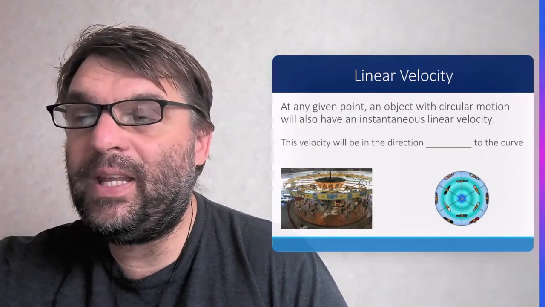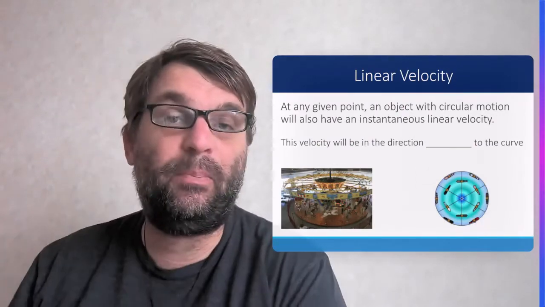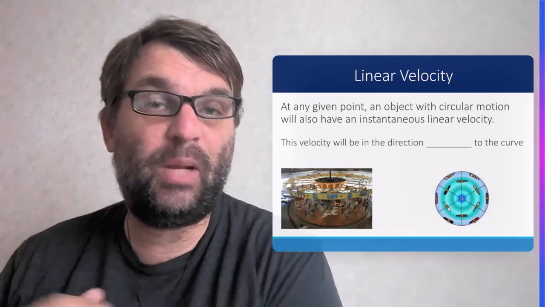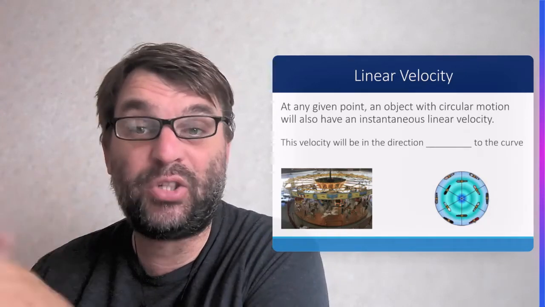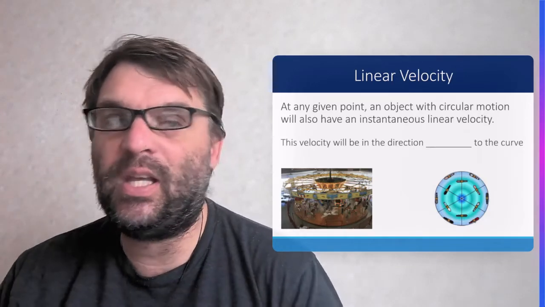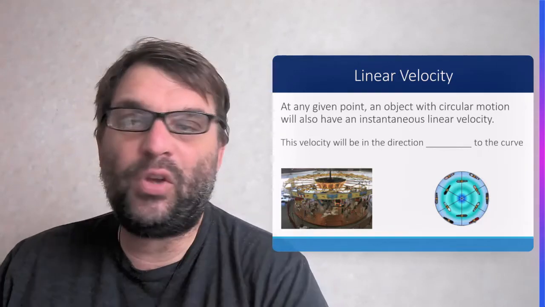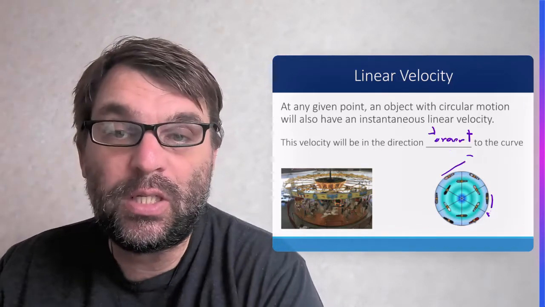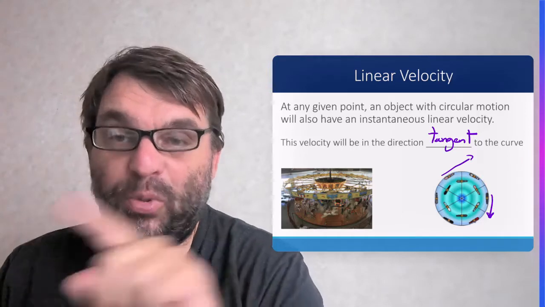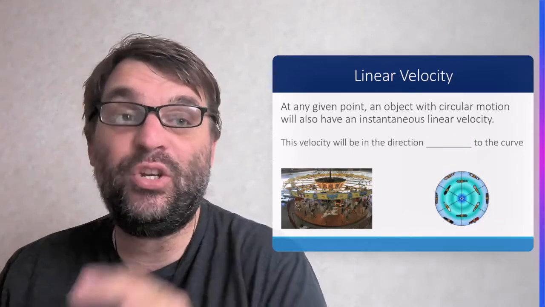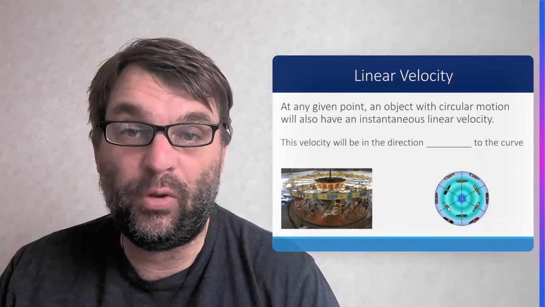In terms of linear velocity, at any given point, an object in circular motion will also have an associated instantaneous linear velocity. This velocity will be a tangent to the object's motion around the circle, a tangent to the curve.